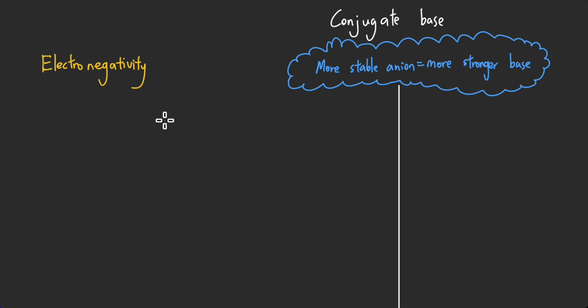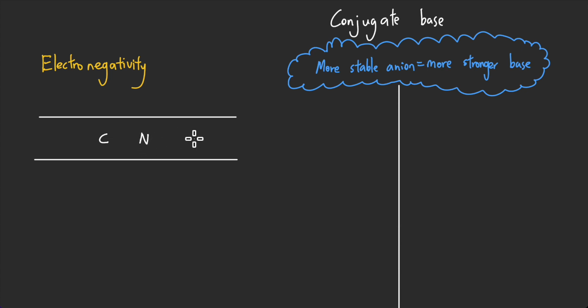So if we look through the periodic table in terms of the period, we will get carbon, then nitrogen, oxygen, and fluorine.